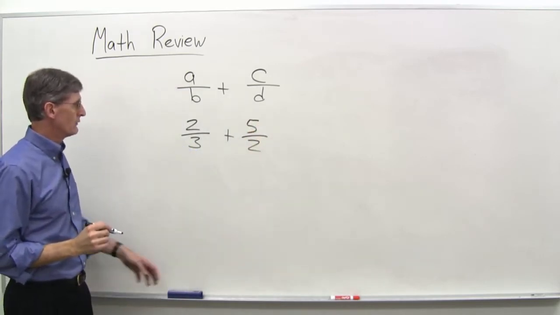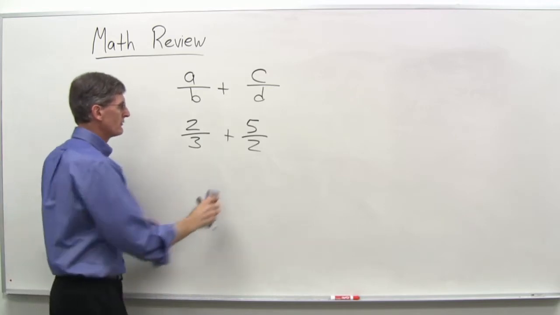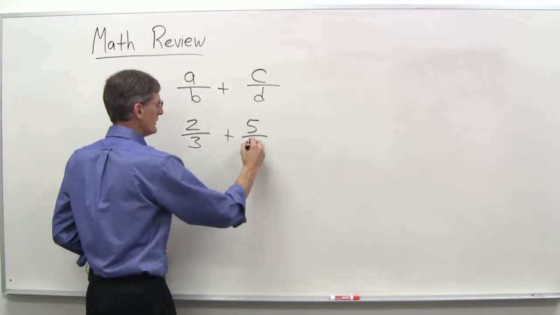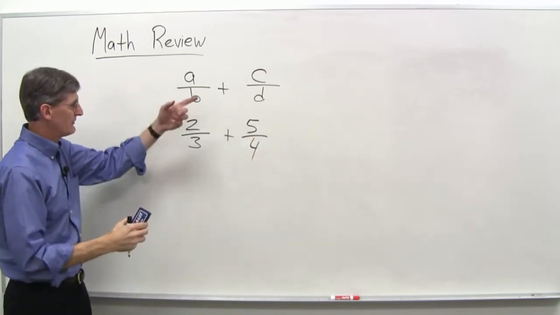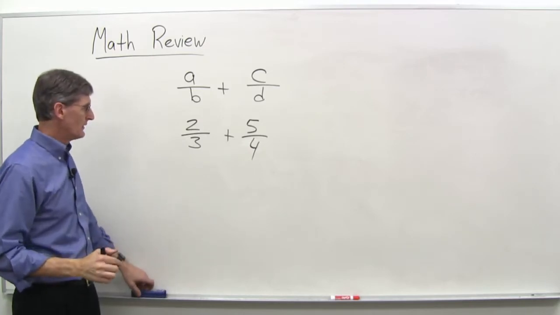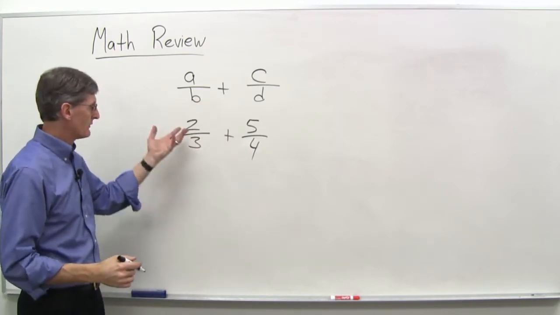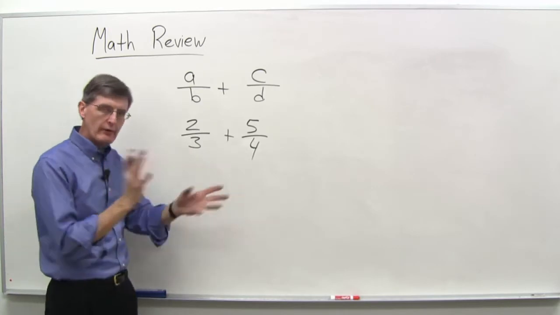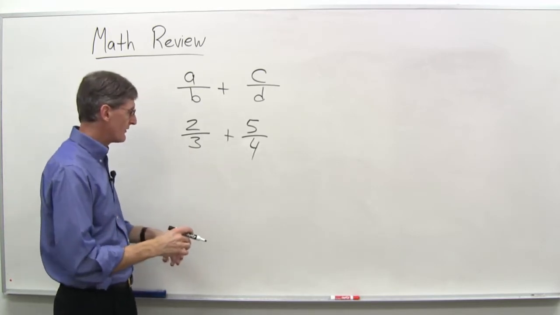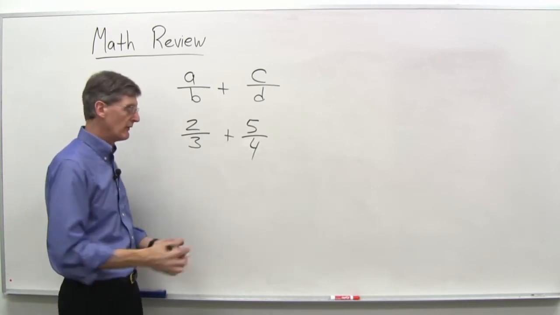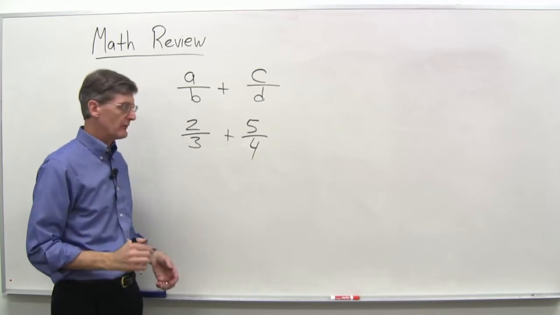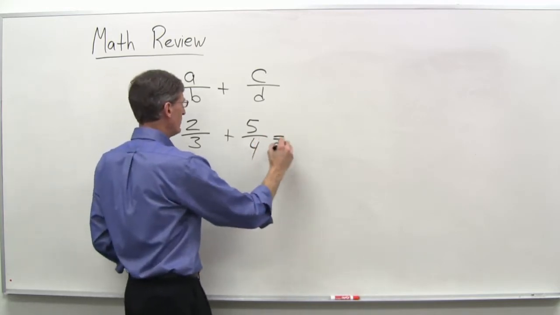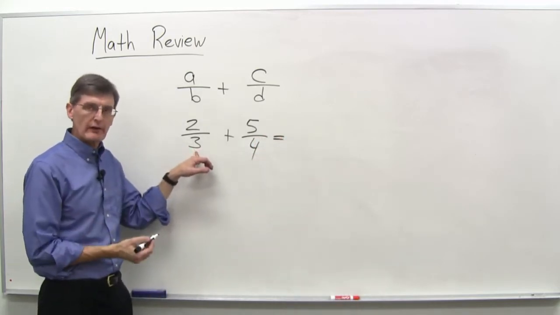Oops, let me change that. Let's do 5/4 here, just so that a, b, c, and d are all different there. Obviously, it could be the same, but 2/3 plus 5/4. We want to combine those two fractions together. So remember, we need to get a common denominator. We want the bottom part here to be the same. The way we do that is we do a little trick. We multiply in the form of 1.